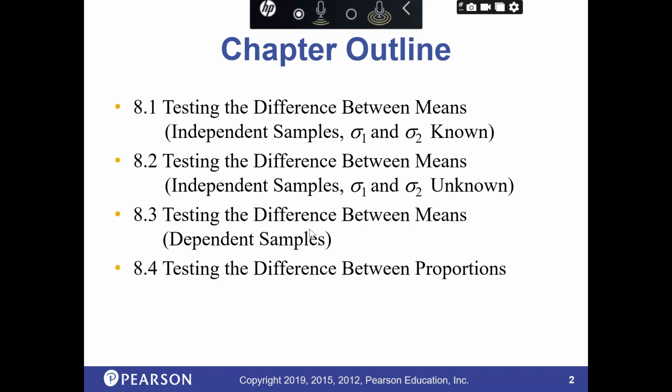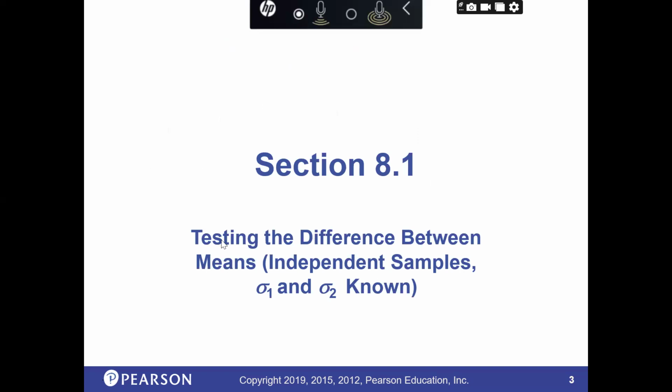As you read the problem, there's going to be something that says, oh, that is a dependent sample, or oh, that's an independent sample. And the formulas are really, really different from one another. Okay, good. So 8.1, it's a long title here, testing the difference between means.